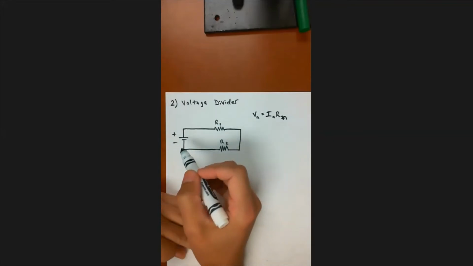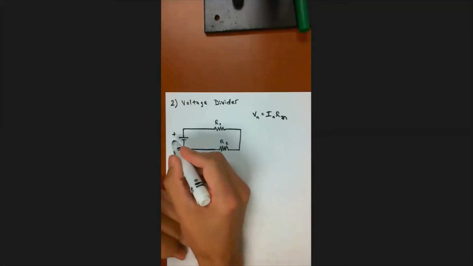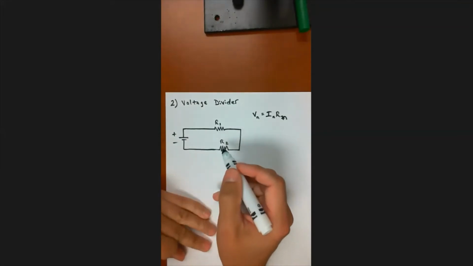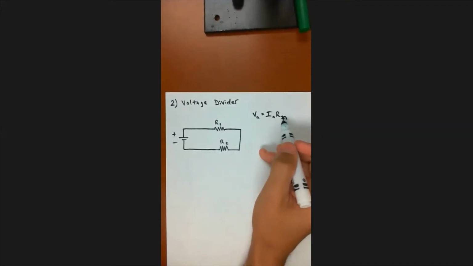Maybe we could get the value of I_n if we knew what these were, and we could calculate R total. But it still depends on the values of R1 and R2, right?